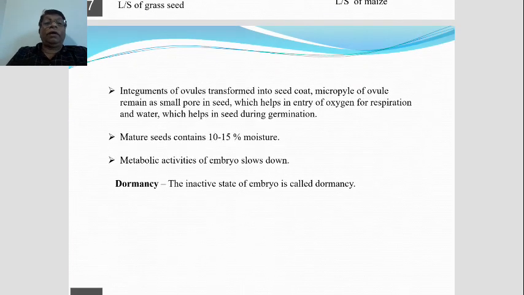Now, the integuments of ovules are transformed into seed coat, already discussed.